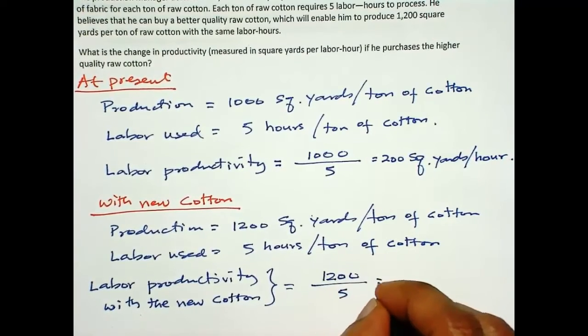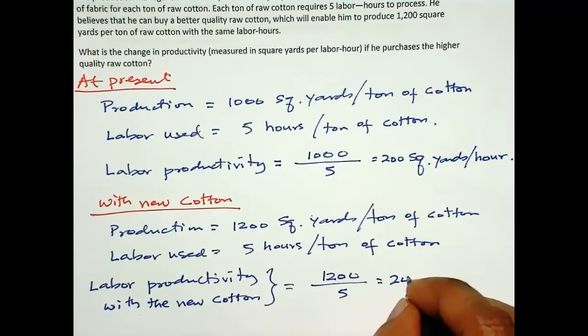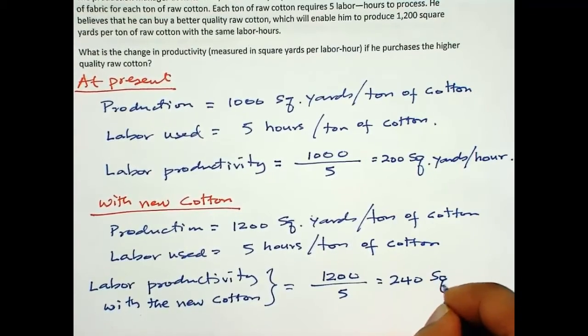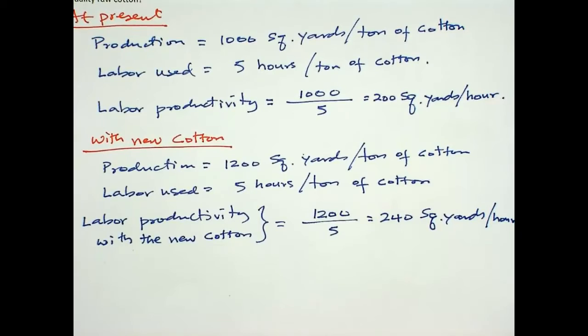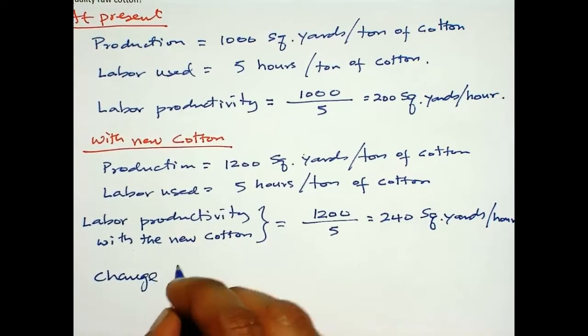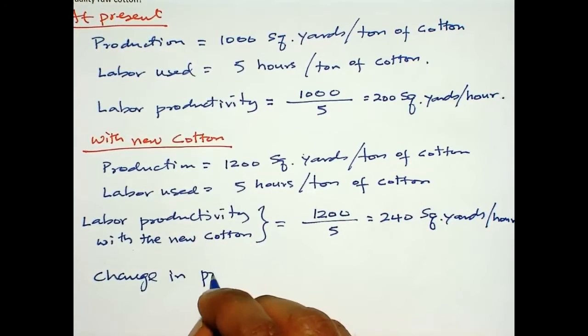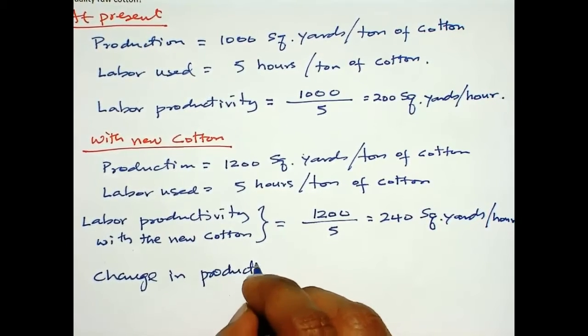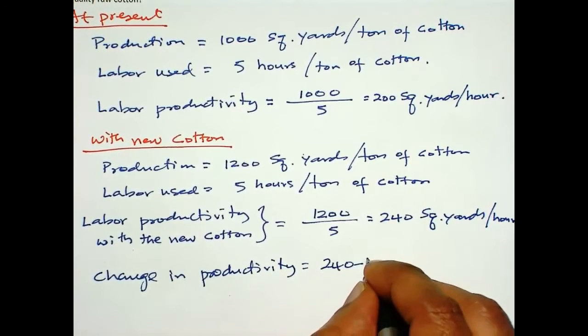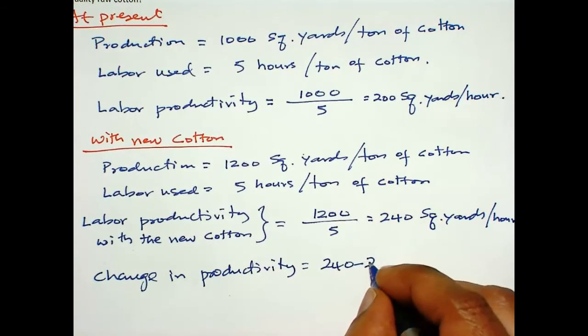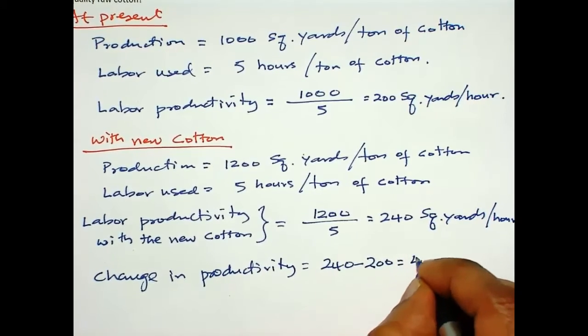So that is 240 square yards per hour. Okay. So what is the change in productivity? It is 240 minus 200, which is 40 square yards per hour.